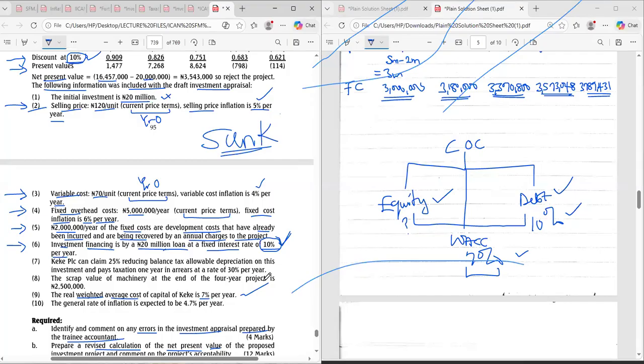Not true, Abby. That's why the 10% loan interest used in discounting the project is totally wrong.